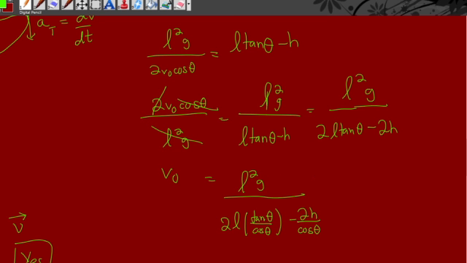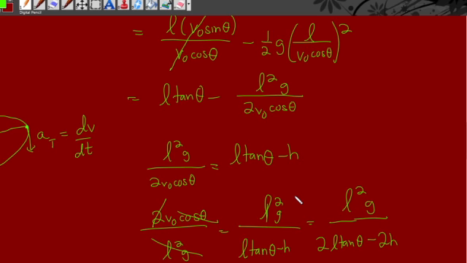Actually, no, sorry. Since we're dividing by cosine theta, we'd actually multiply the denominator by cosine theta. So it's 2L sine theta minus 2H cosine theta. And yeah.